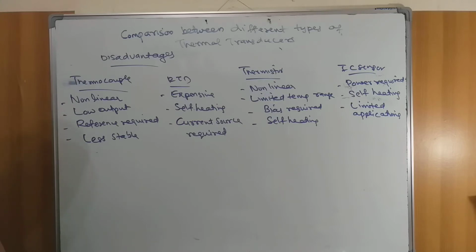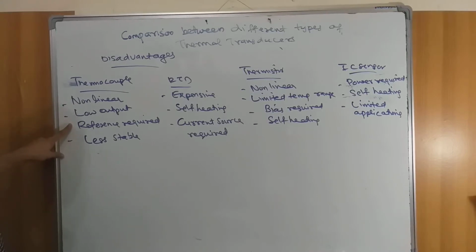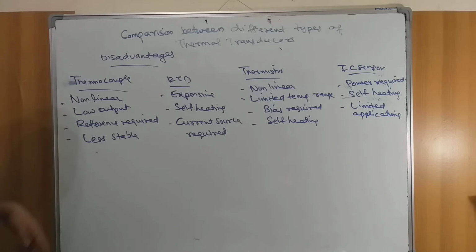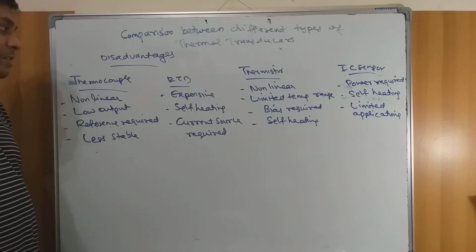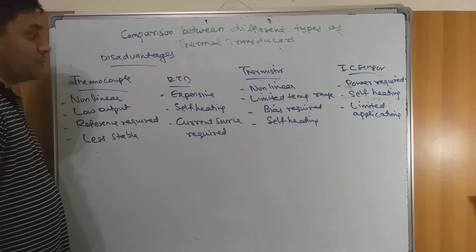Low output, because the magnitude of the output will normally be very limited. Reference is required, because we need a reference point, so we need some additional circuitry for maintaining this reference voltage. Reference temperature, and they are less stable because if there is a difference in the temperature, definitely there must be some change in the output.